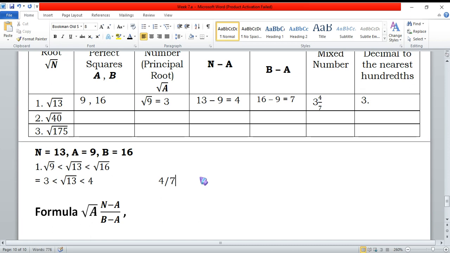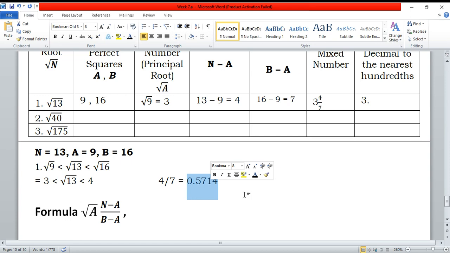That's 0.57. Okay? So 4 divided by 7, that's 0.5714. Sunod pa. So, ang katumbas ng 4/7 ay 0.5714. Pero may karugtong pa yan.